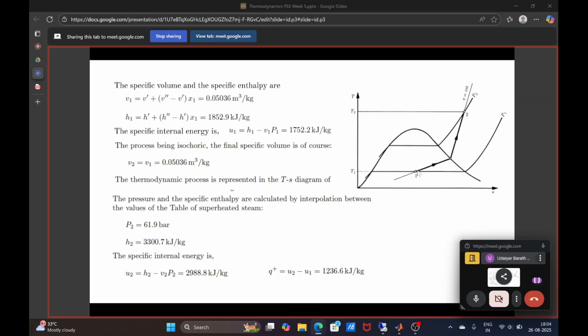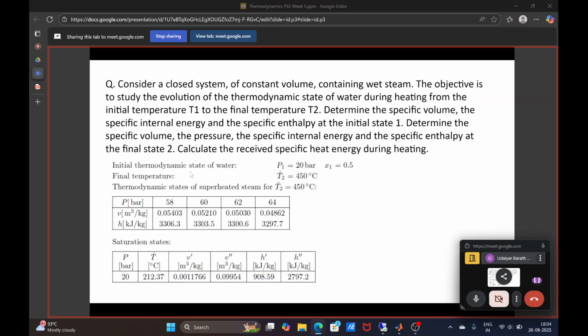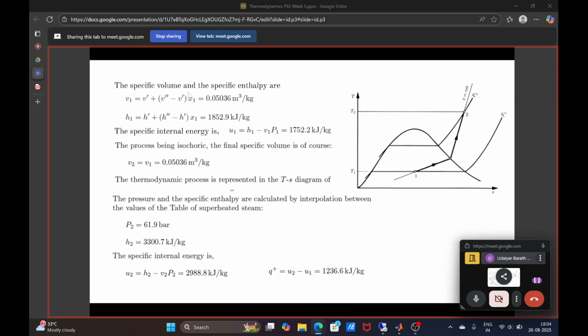So for V1, we know it is at a pressure of 20 bar and dryness fraction of 0.5. Corresponding to 20 bar, we'll take the saturated liquid and saturated vapor specific volumes and enthalpies and calculate what the specific volume at state 1 will be.